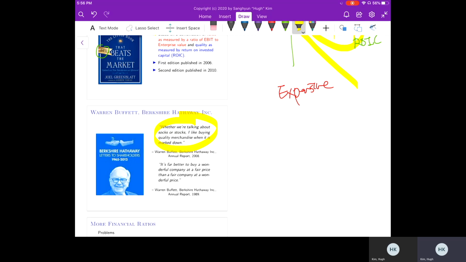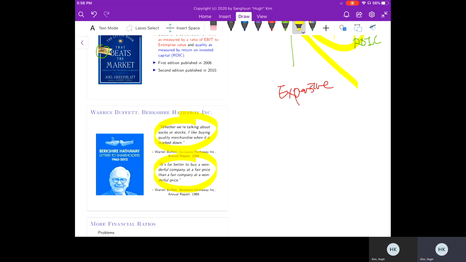And unlike Joel Greenblatt, who seems to put equal weight on value and quality, Warren Buffett seems to put a little bit more weight on the quality dimension, as you can see from this quote. It's far better to buy a wonderful company at a fair price than a fair company at a wonderful price.